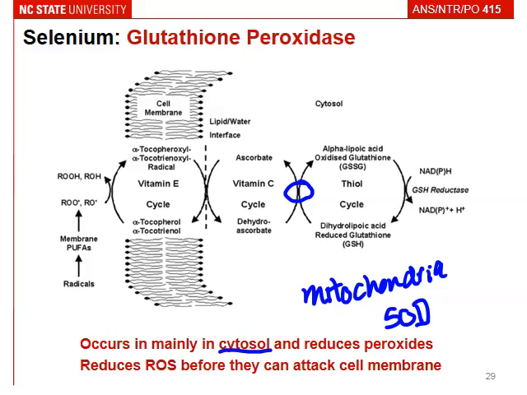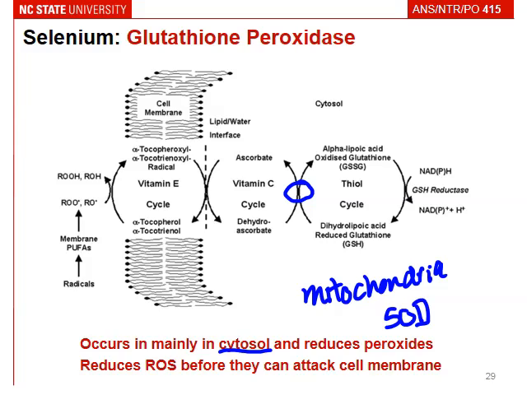Our superoxide dismutase is able to take our reactive oxygen species and form a peroxide, and then our glutathione peroxidase reduces that, and we still get the formation of NADP from our NADPH.